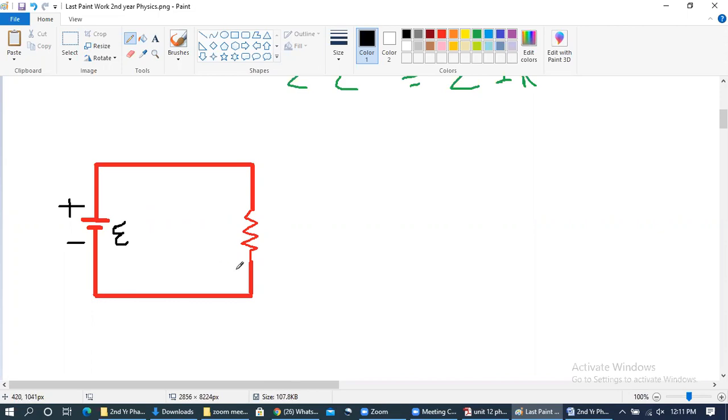Tala Afzal, can you tell me what other thing has been connected in this circuit other than battery? What is the other thing? Salah Afzal. I think that he's not present. Salah Afzal, are you here?